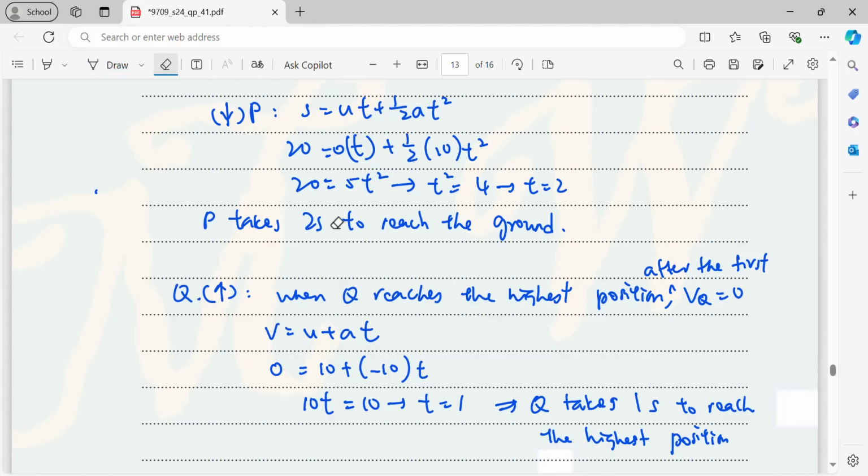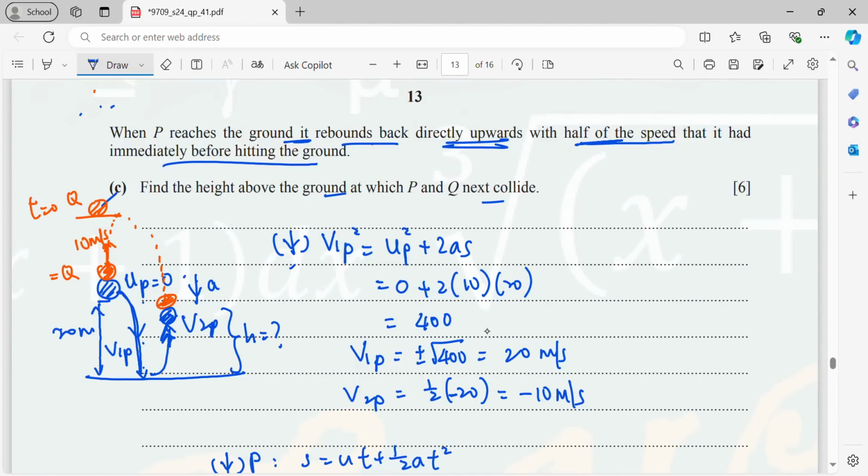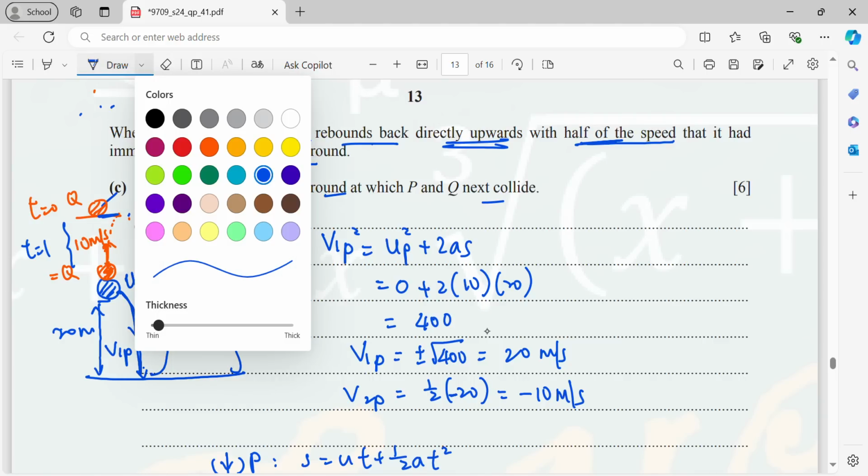So now, here after the first collision, it takes 1 second. That means to reach here, just 1 second. Right? Just 1 second. Which means at the same time, to go down to the same position.